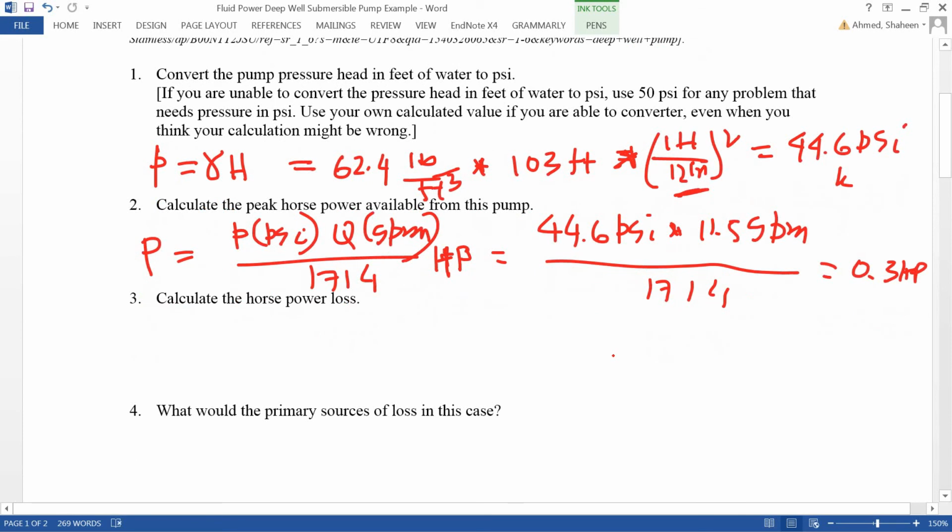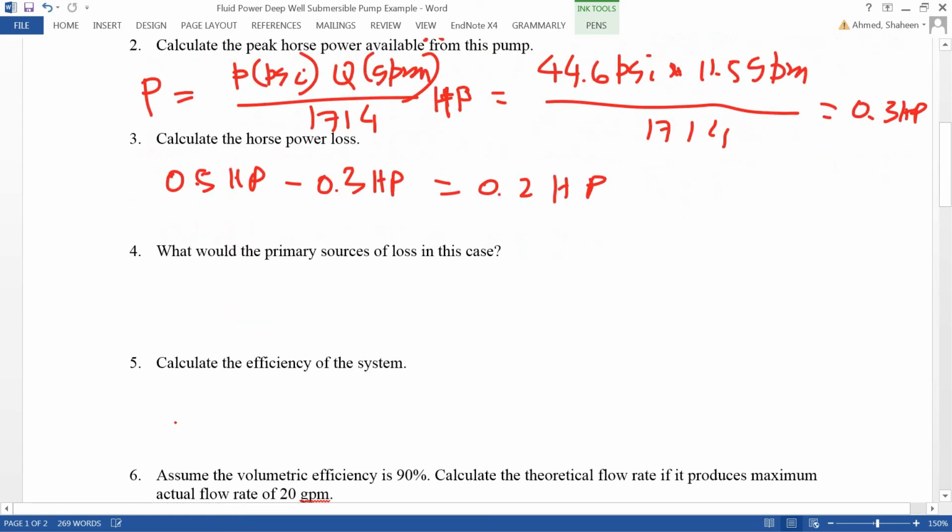So the loss would be, it says that it's a half horsepower pump. So the power is rated at 0.5 horsepower minus that delivery, that is the loss, 0.2 horsepower. Now what is the primary source of loss in this case? Is the loss due to the fluid friction in the pipe?